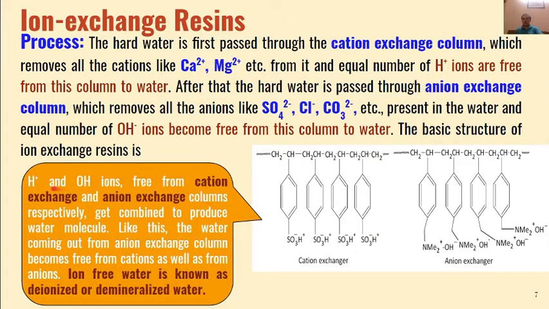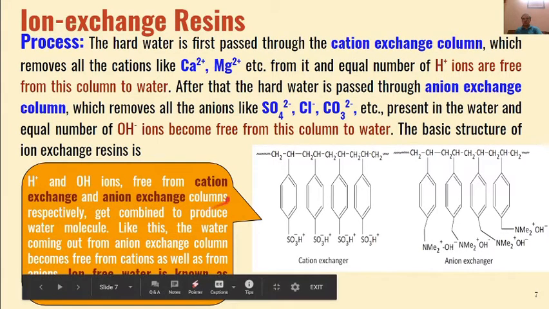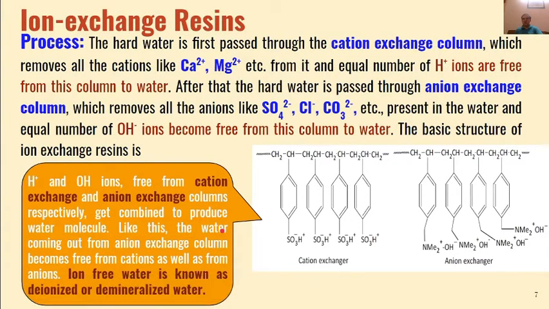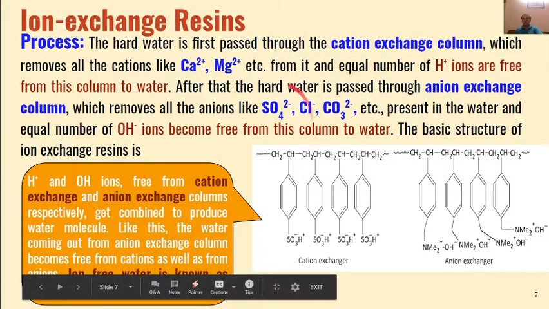The H ions and OH ions, which are freed from the cation exchange resin and anion exchange resin present in the column, will combine to produce water molecules. Therefore the water coming from the ion exchange column becomes free from cations as well as anions, and this ion free water is known as deionized water or demineralized water. So this is how the whole process of deionization or demineralization takes place.